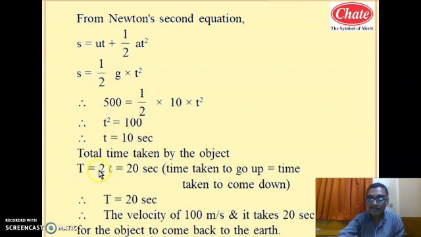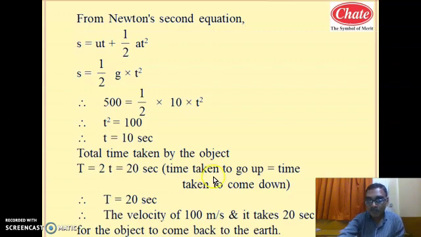Hence the total time, whatever is required in your answer, capital T equal to 2 into small t, that is time of ascent plus time of descent. Always time of ascent equals time of descent, so 2t is 2 into 10, that is 20 seconds. The time taken to go up equals the time taken to come down. Here we calculated the time taken to come down, that was 10 seconds, so the same time is required for the object to go up.